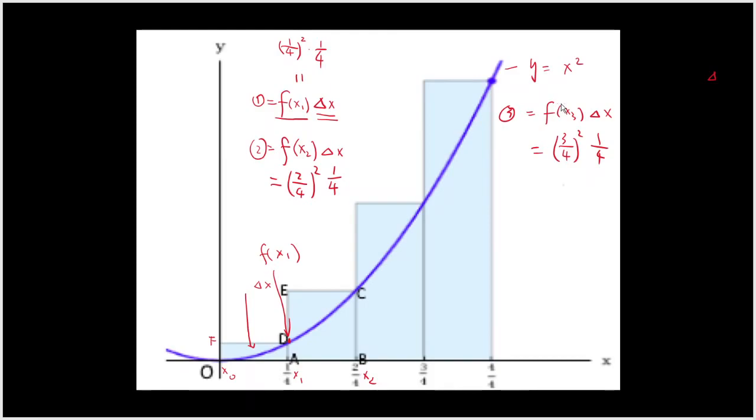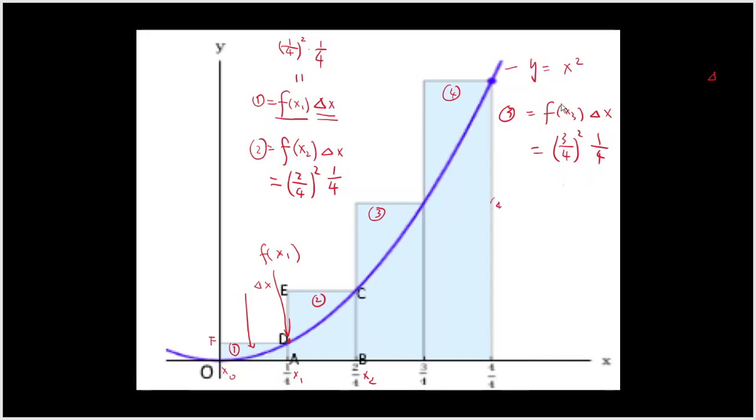I will call that rectangle 1, rectangle 2. So maybe more precisely, the area of rectangle 1, the area of rectangle 2, the area of rectangle 3, the area of rectangle 4. Okay. One more.